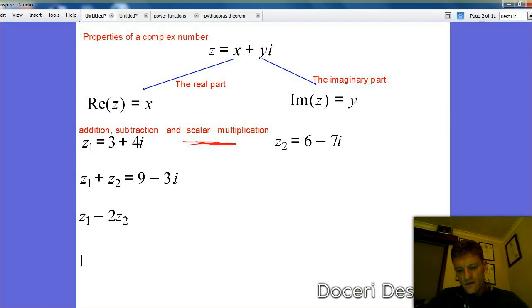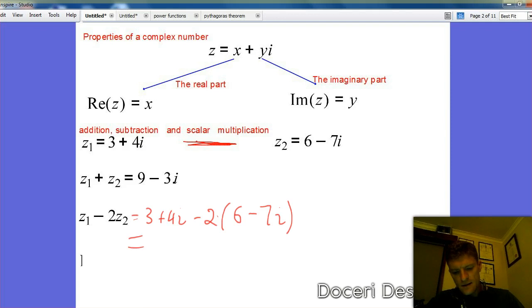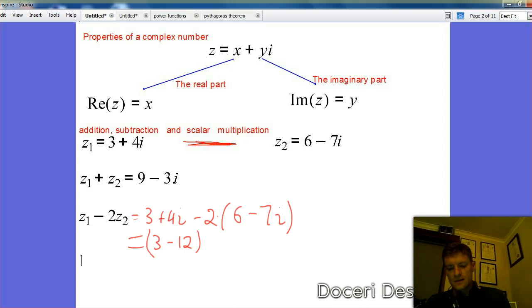Using our 2 complex numbers, 3 plus 4i minus, and now we've got a factor of 2 that we have to consider, 6 minus 7i. And in simplifying this, there's the real parts, 2 times 6 is 12, and the imaginary parts, 4.